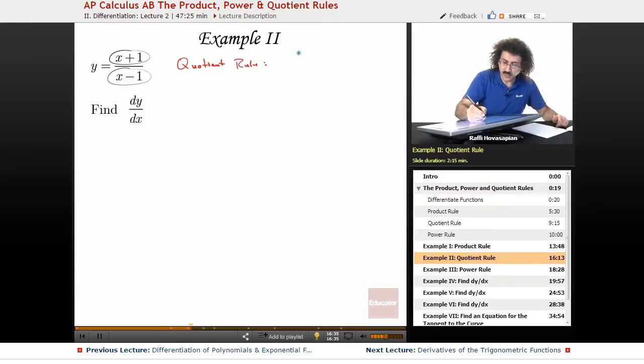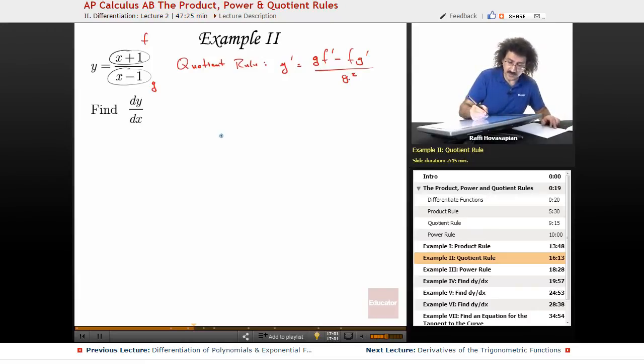So the quotient rule says that y prime is equal to, this is f, this is g, (g f prime minus f g prime) over g squared. Denominator times the derivative of the numerator minus the numerator times the derivative of the denominator, over the denominator squared.